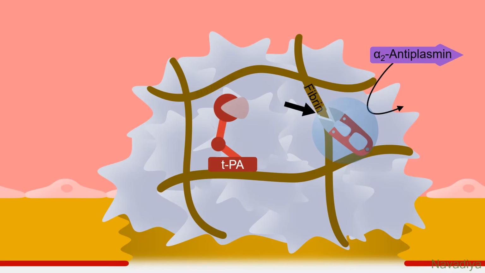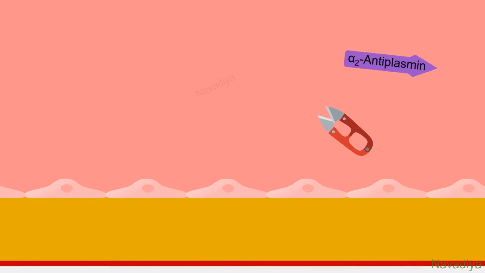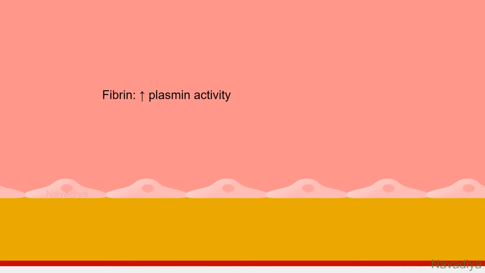So when plasmin is doing its job of breaking fibrin strands, antiplasmin cannot inhibit it. Once the fibrin mesh is broken and the clot is dissolved, antiplasmin inhibits plasmin and terminates its action. In short, the very presence of fibrin increases the activity of plasmin, and in absence of fibrin, plasmin activity is minimal.